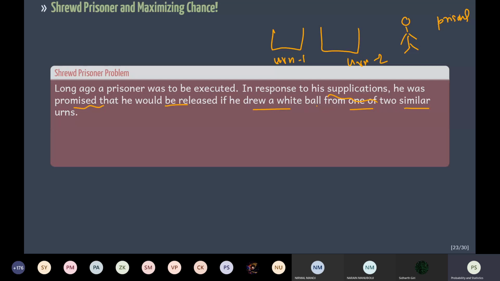So this prisoner was about to be executed, but then he was given a chance, so to say, where he has to draw a white ball from one of the two urns, urn 1 and urn 2.